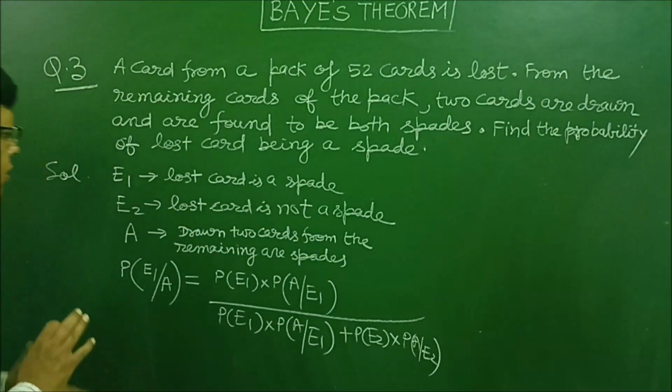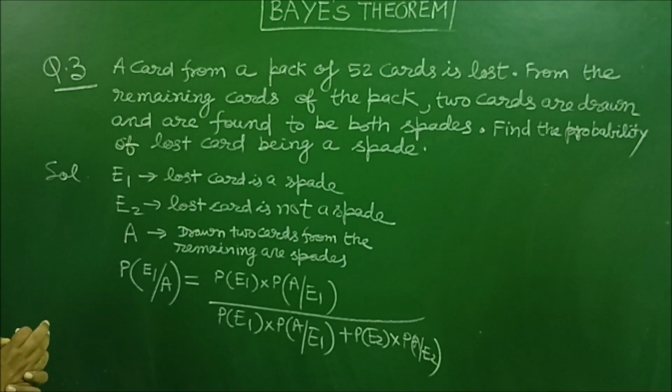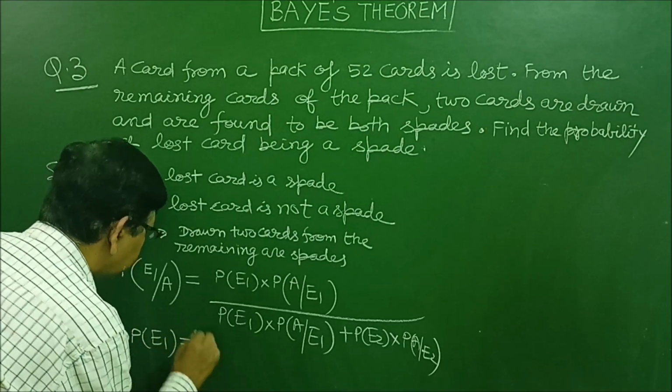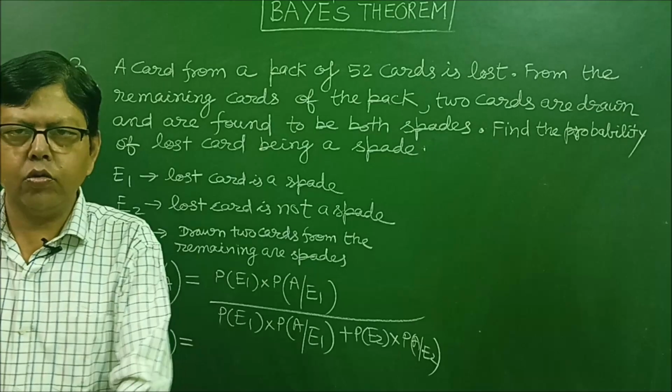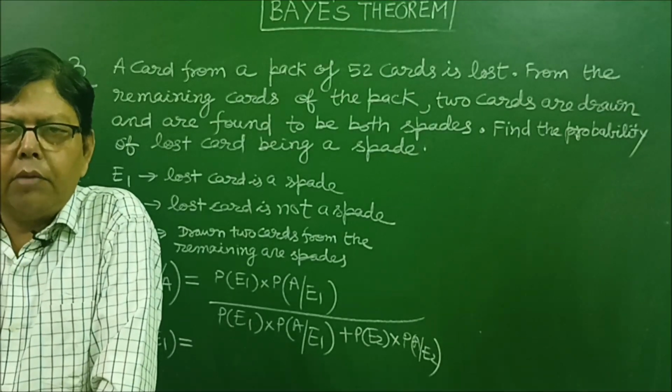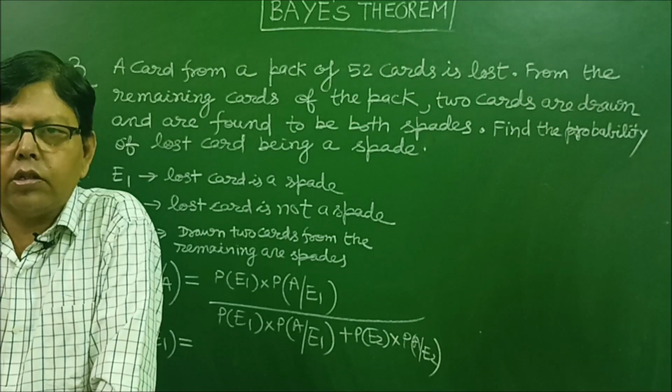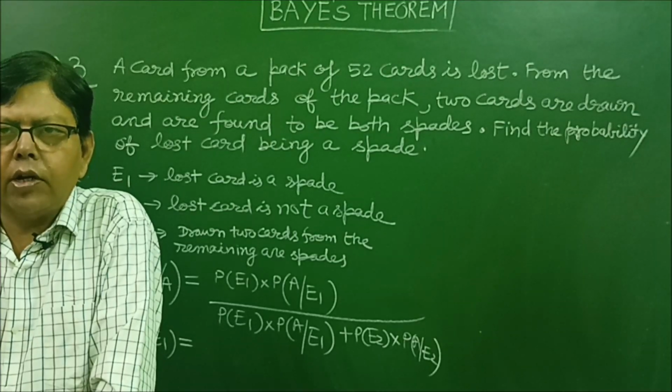Now let us find the various probabilities. First is the lost card is a spade. So probability of E1 will be equal to: in a pack of cards there are 13 cards of each suit. So out of 13 cards of a spade, one card is lost.